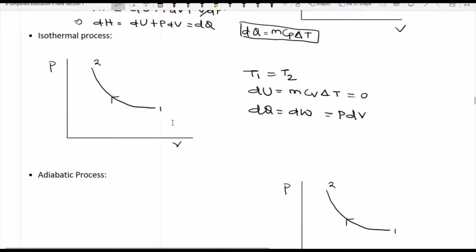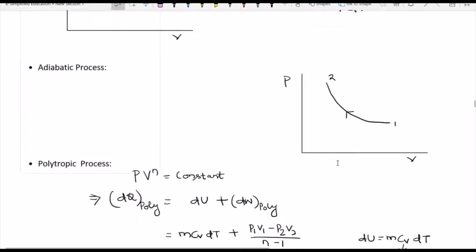This is the PV diagram for the isothermal process, and this is the PV diagram for the isobaric process. So what will be the heat transfer in the case of the adiabatic process? Sorry, this is the curve for the adiabatic process. The heat transfer for the adiabatic process is 0, we already know this, and the equation is PV to the power gamma equal to constant.